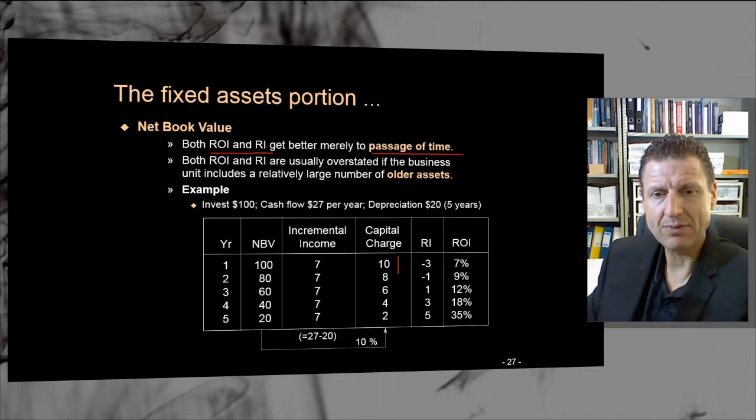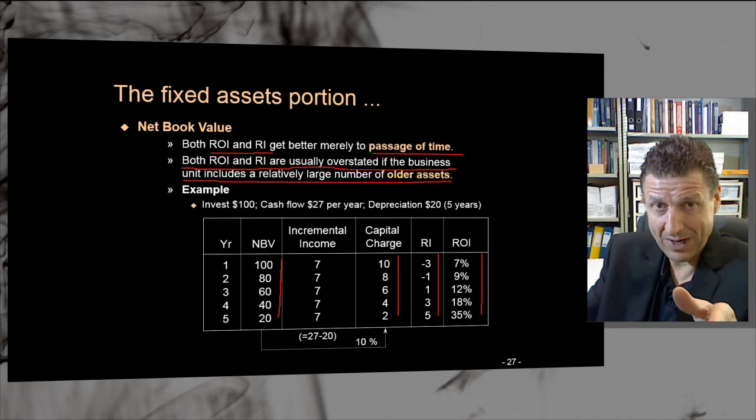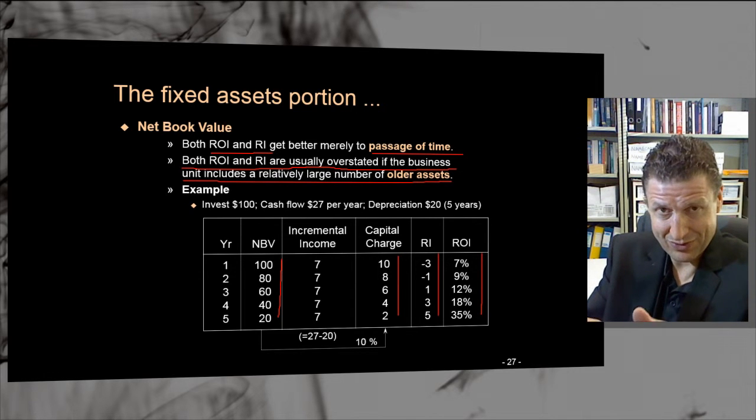Because as you have a capital charge, the net book value of your assets goes down because it gets transferred into income, and the residual income goes up. Return on investment goes up. Isn't that great, huh? Both return on investment and residual income are usually overstated if the business unit includes a relatively large number of older assets. See, as the assets get older, their book value base gets smaller and smaller.